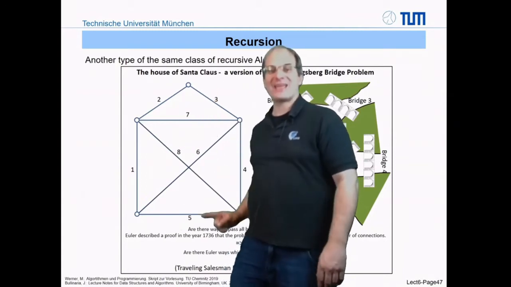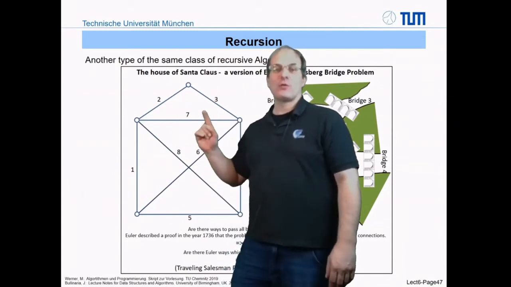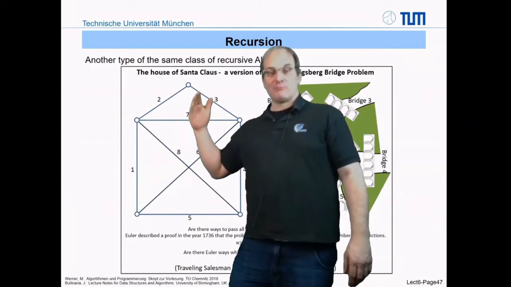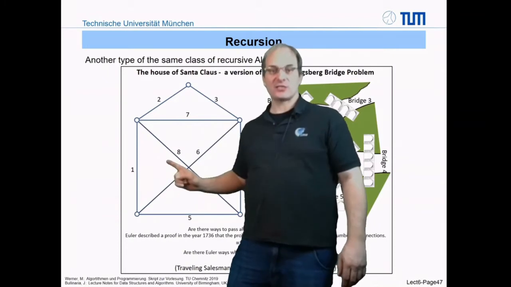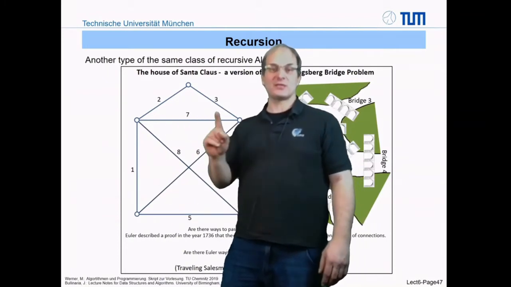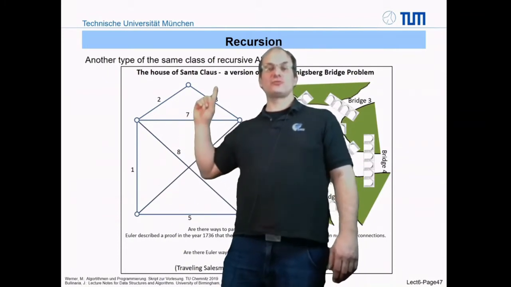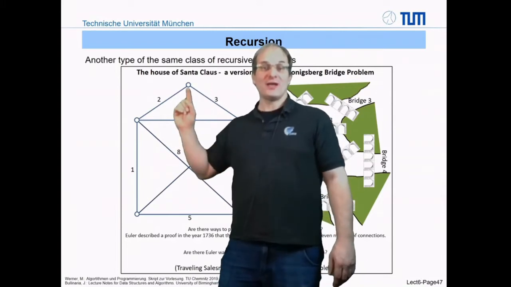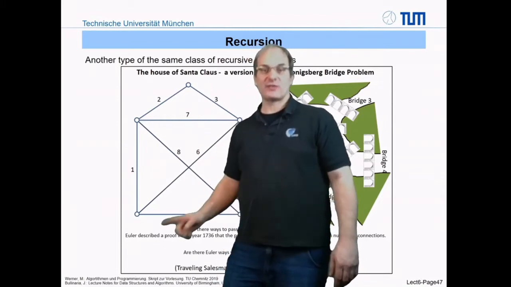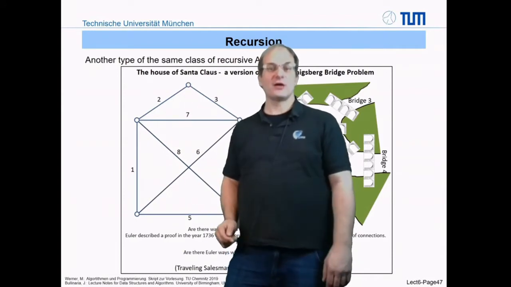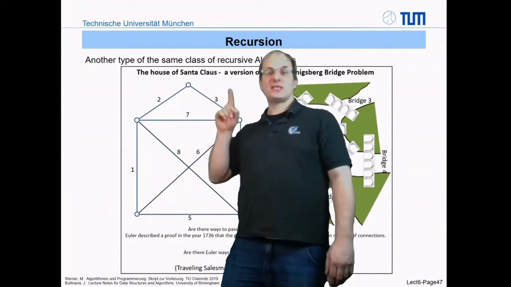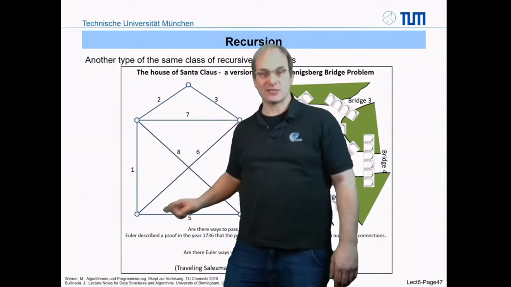So they want to paint this house here with a method so that they have a continuous line. So they don't want to interrupt the painting, and they don't want to draw a line twice. So they start somewhere and they have to follow in one drawing the whole line. And they say, this is the house of Santa Claus.